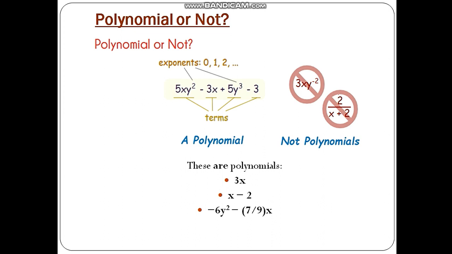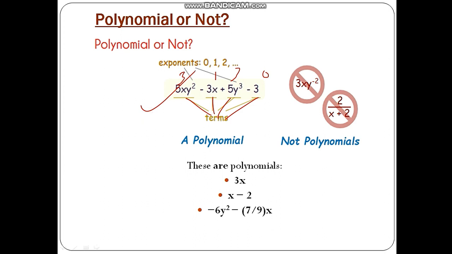Here we see exponents 0, 1, 2. We have 4 terms here. The exponents are 3, 1, 3, 1, 3, and here the exponent is 0. So this is a polynomial.